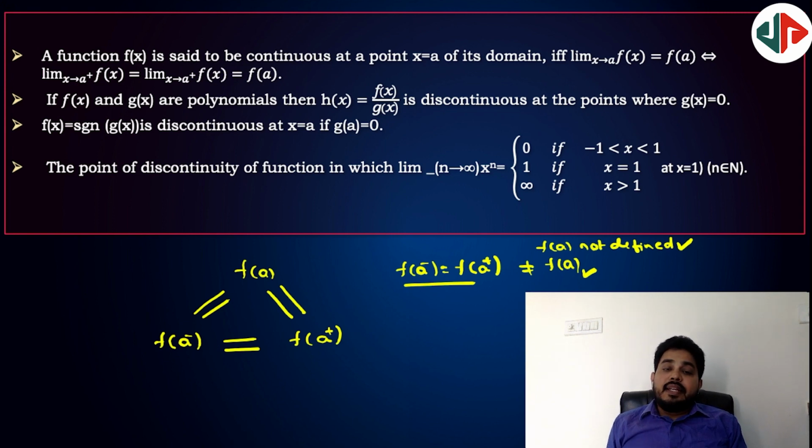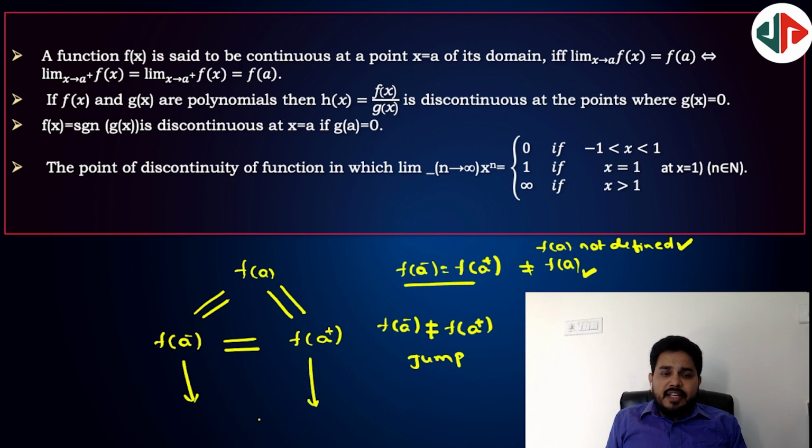Okay. Now, if f of a minus is finite and not equal to f of a plus, this is called jump discontinuity. For example, if one or both of them are tending to infinity, we call it infinite discontinuity.